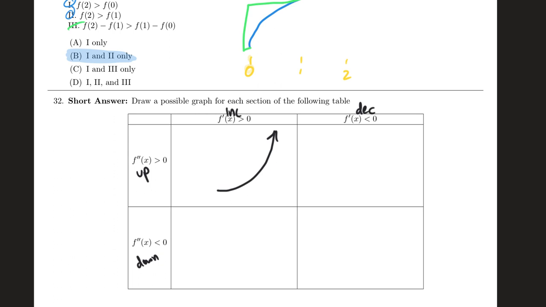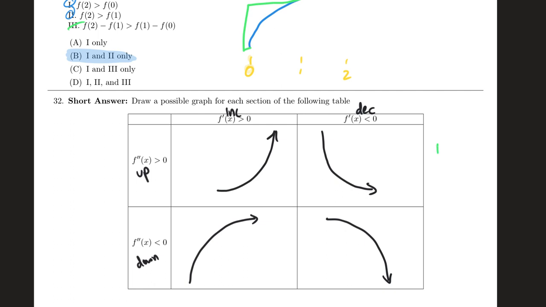If I'm concave up but decreasing, that is the left side of the cup. Concave down and increasing is the left side of the frown.